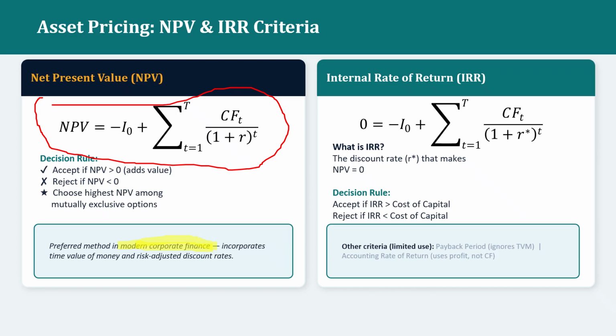The accounting rate of return is a similar concept which uses accounting profits rather than cash flows, and it also does not fully incorporate the time value of money. This is why in modern finance, NPV and IRR, both based on discounted cash flows, are considered more rigorous, and at present NPV is treated as the primary criterion.